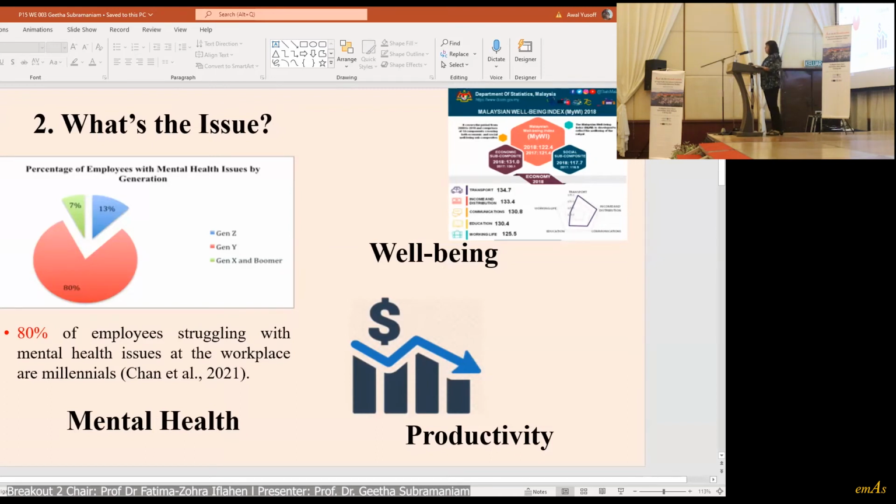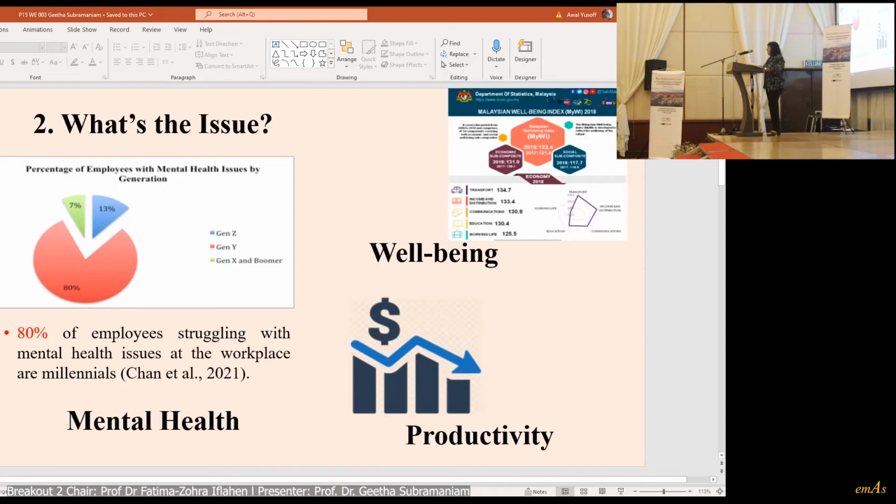So there are 3 independent variables in this study: mental health, well-being, and productivity. As far as well-being is concerned, the Well-being Index 2019 has 5 components, and the working life subcomponent showed the lowest for Malaysia.